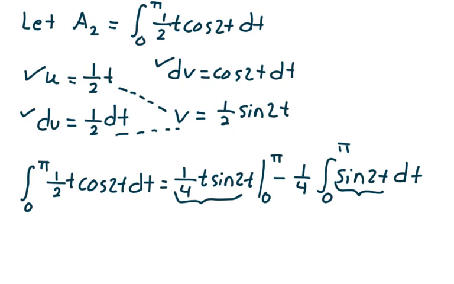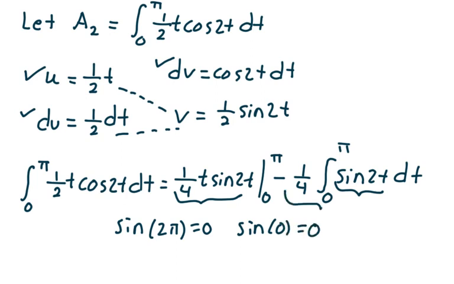Now, when we take a look at this first part, observe, sine of 2 pi is equal to 0, right? And sine of 0 is equal to 0. So we're just left with this second part.